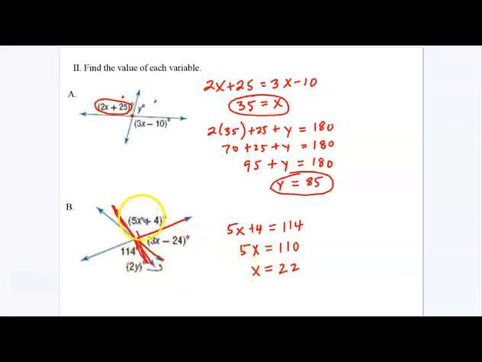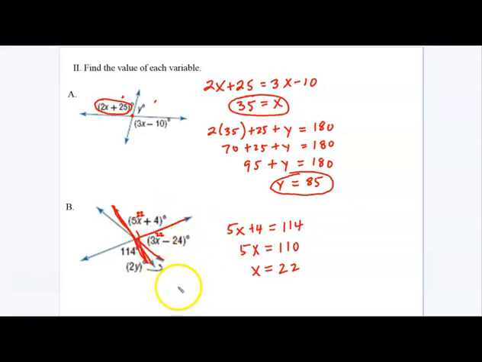So if I substitute 22 here, 22 here, and then I've got this little piece that is called 2y, I'll let all 3 of those added together equal 180 degrees, and that will help me solve for y.